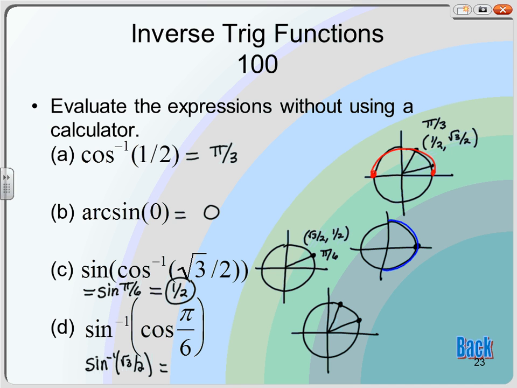That's up here, over a little, 1/2, up square root of 3/2. So that is pi over 3. Now always check to see if it's in the domain you want. Sine is restricted to negative pi over 2 to pi over 2, and pi over 3 is in that range. That's it.